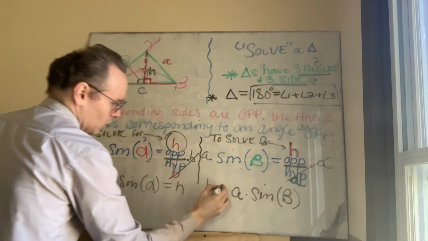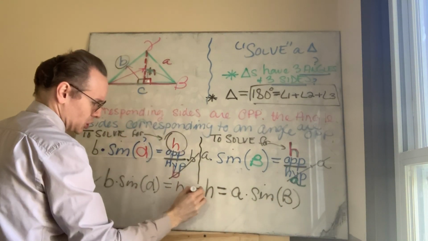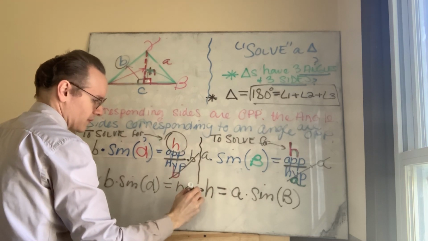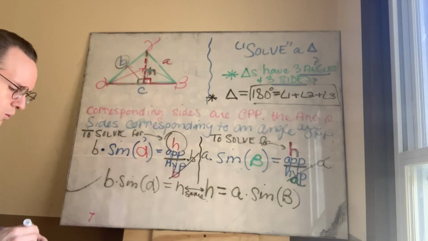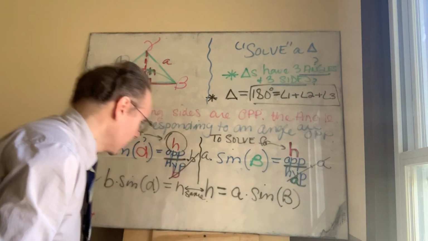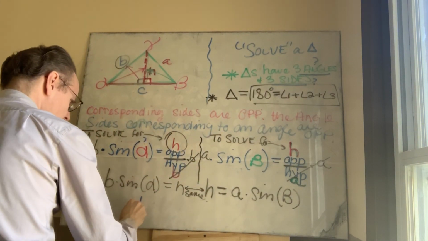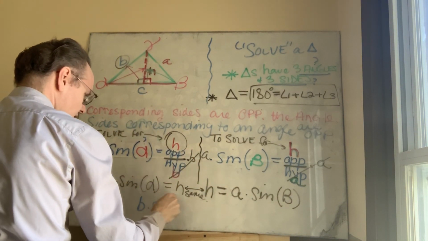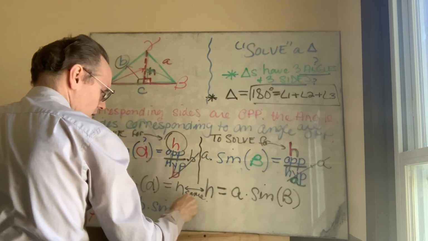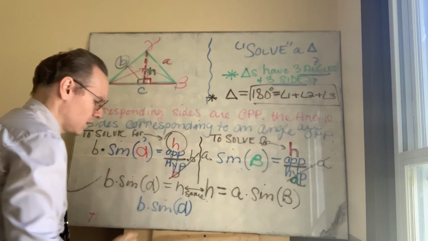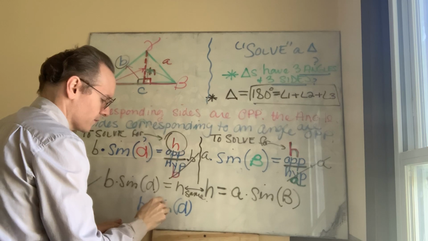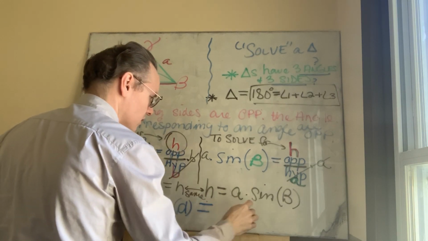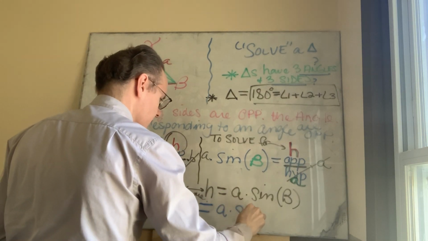And if I take it one step further, acknowledging that these are the same, one would arrive at this: b times the sine of alpha, it's a little faint, is equal to a times the sine of beta.